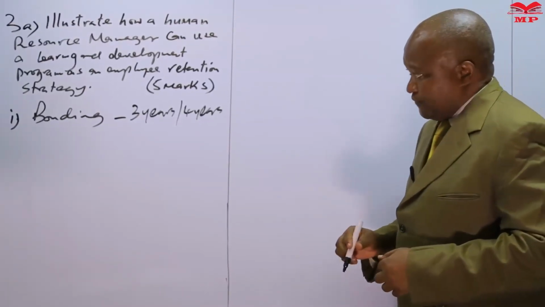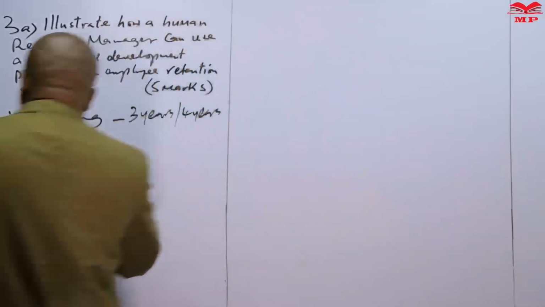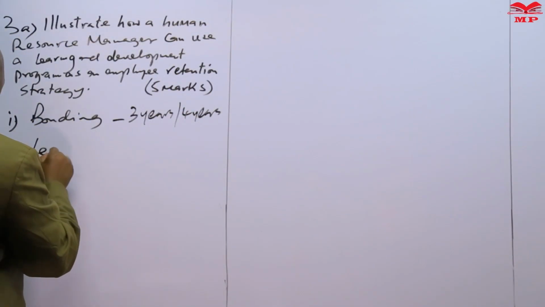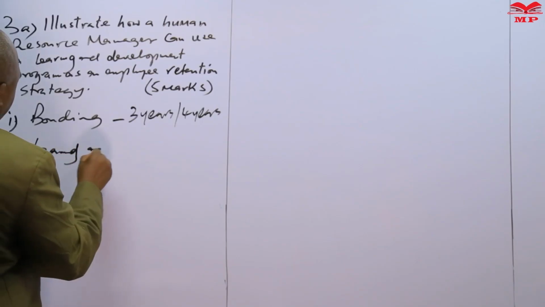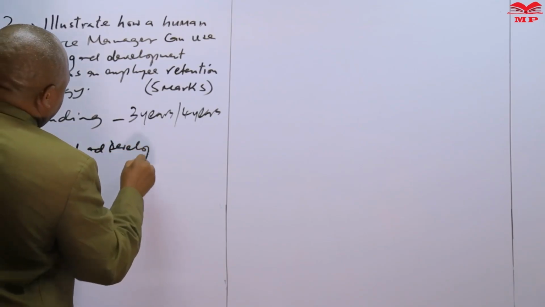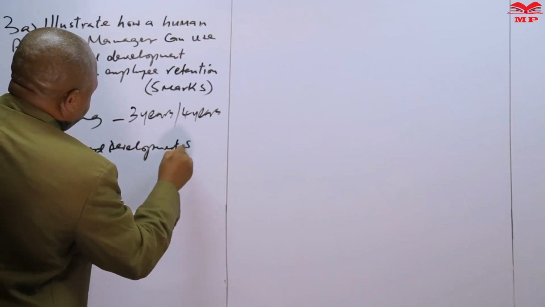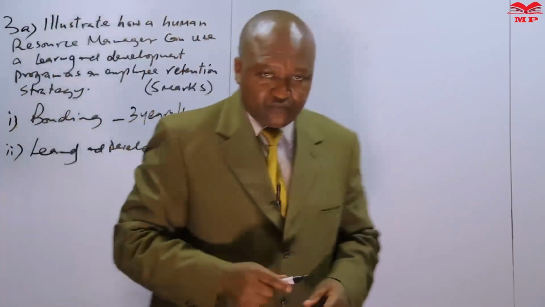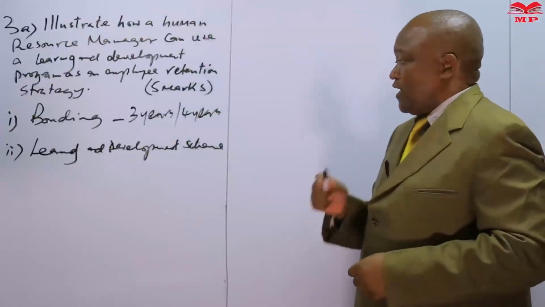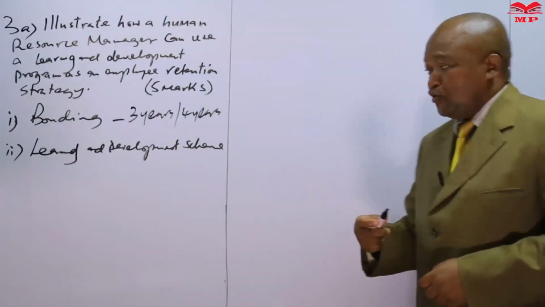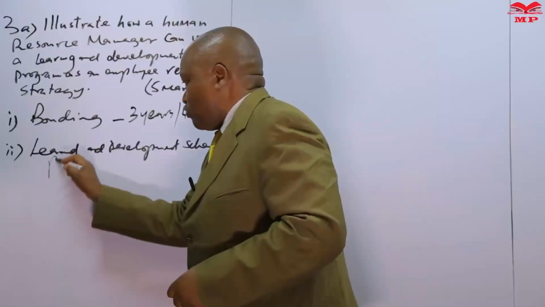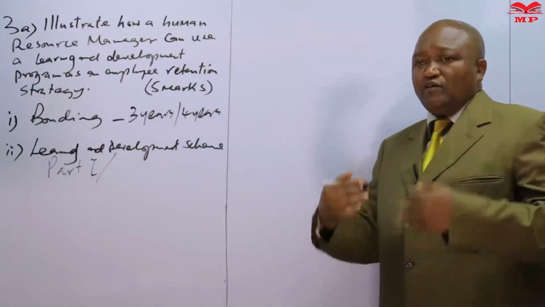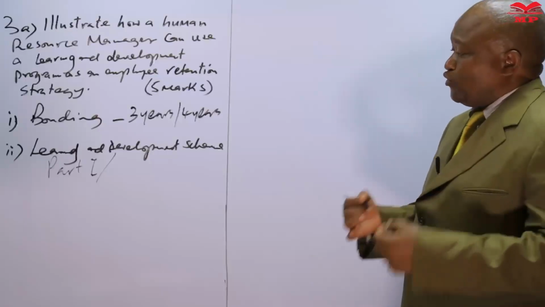The other strategy would be to have a learning and development scheme. What this scheme could provide for would be a requirement that for an employee to qualify to go for part 1 of a given program, the employee is supposed to have worked for, let's say, 2 years.